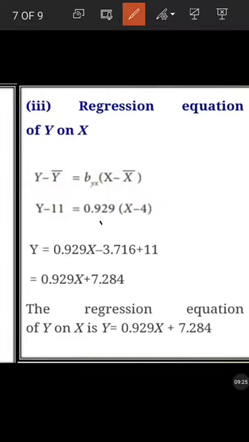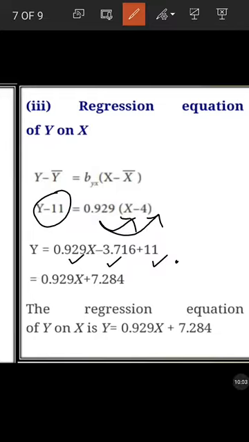So first we have to multiply this value 0.929 into x minus 0.929 into 4. So this is the value we have written down here: 0.929x minus, if we multiply this, minus 3.716, plus this minus 11 is equal to, when it crosses over, what happens? Plus 11. So always remember, if there is a minus sign, when it crosses over to the other side it becomes plus 11. Right? So finally the answer is y is equal to 0.929x plus 7.284.